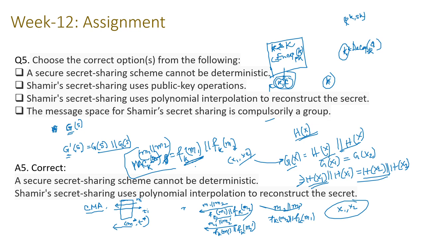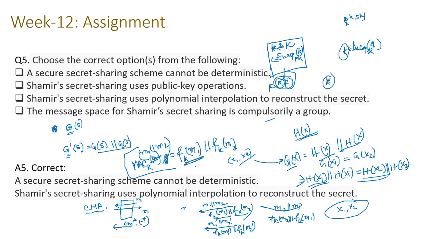Pseudorandom permutation and strong pseudorandom permutation. So a pseudorandom permutation is like a pseudorandom function only. It's just that the input and output space are the same. So every output will have an inverse. It's a bijective mapping, one-to-one and onto. And if the pseudorandomness property is also satisfied, then we call it a PRP.